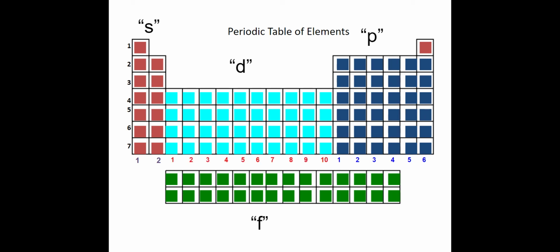There are 10 columns associated with the diffuse subshell. And by now you should be able to guess, there are 14 columns representing the F subshell. That is why the periodic table has the funny shape that it has.